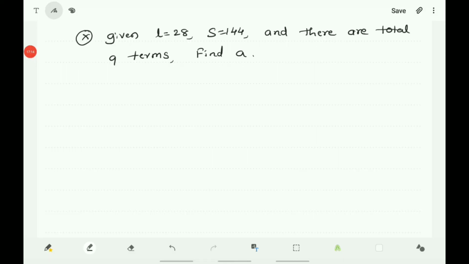10th question. Given L is equal to 28, S is equal to 144, and there are a total of 9 terms, find a. Here L is given, that is 28, and number of terms n is equal to 9 and S is equal to 144, and question mark is for a.